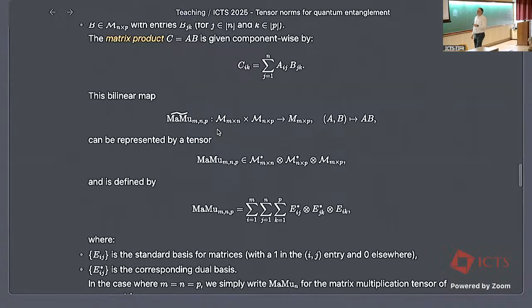And the same for the B matrix, and I'm summing over all i, j, k. In this way, I get all the components of my matrix C as a sum over j of A_ij times B_jk. It's a bit abstract because there's all this notation, these vector spaces, this tensor product, but this and this are the same thing.